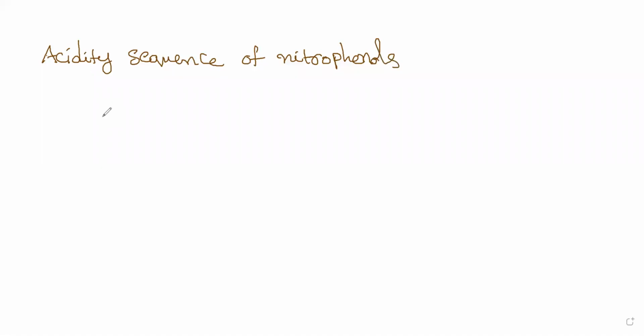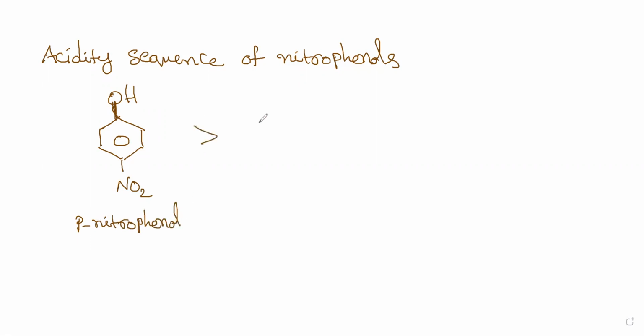Para-nitrophenol is more acidic than ortho-nitrophenol, that is even more acidic than meta-nitrophenol.